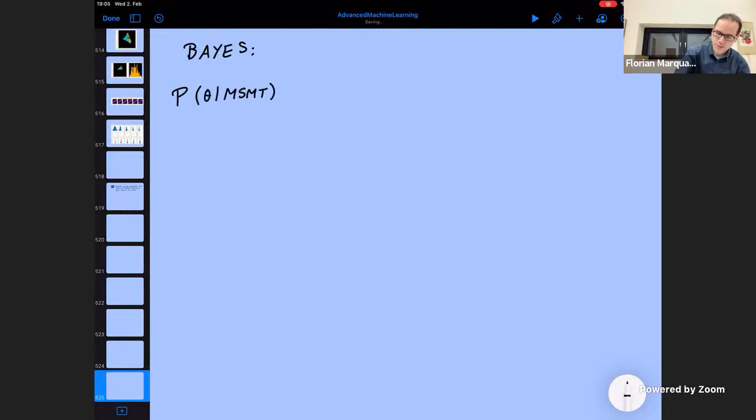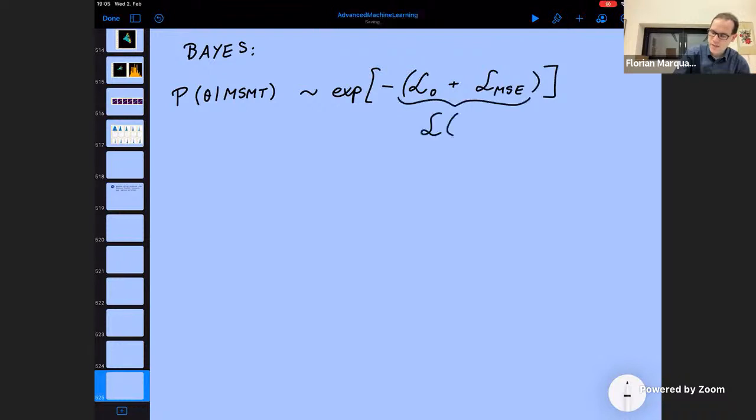Well, it's proportional to e to the, and now it's convenient, I can just add the terms in the exponent: e to the minus L0, that was the regularization loss, plus the mean squared error loss for these training samples. And all of that could be understood as the overall, the total loss, given the current training samples, given the current measurements.